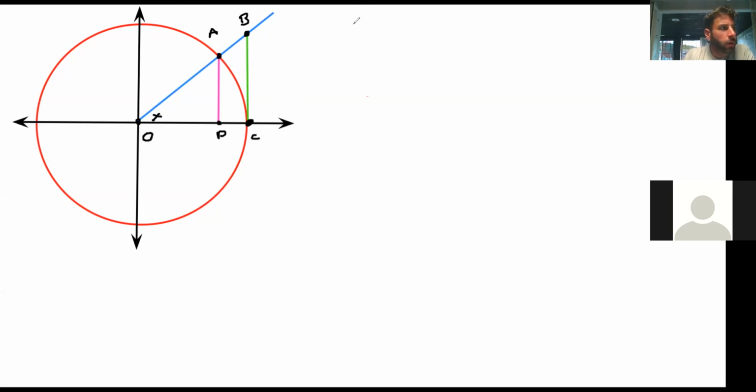So for example, here's what we know. What is the sine of x? Well, the sine of x is equal to AD. I'll write it like this. That line, the opposite over the hypotenuse, which is 1. Remember, sine of x is opposite over the hypotenuse.